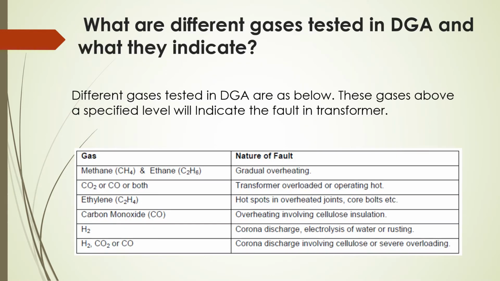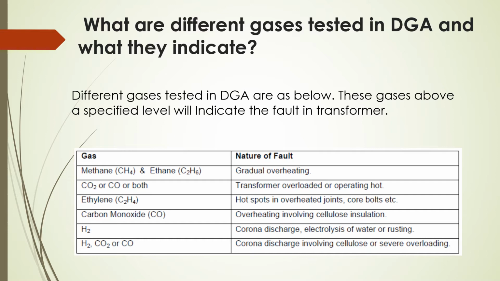What are different gases tested in DGA and what they indicate? Different gases tested in DGA are as below. These gases above specified limit will indicate the fault in transformer. Methane and ethane: higher amounts of methane and ethane indicate gradual overheating.